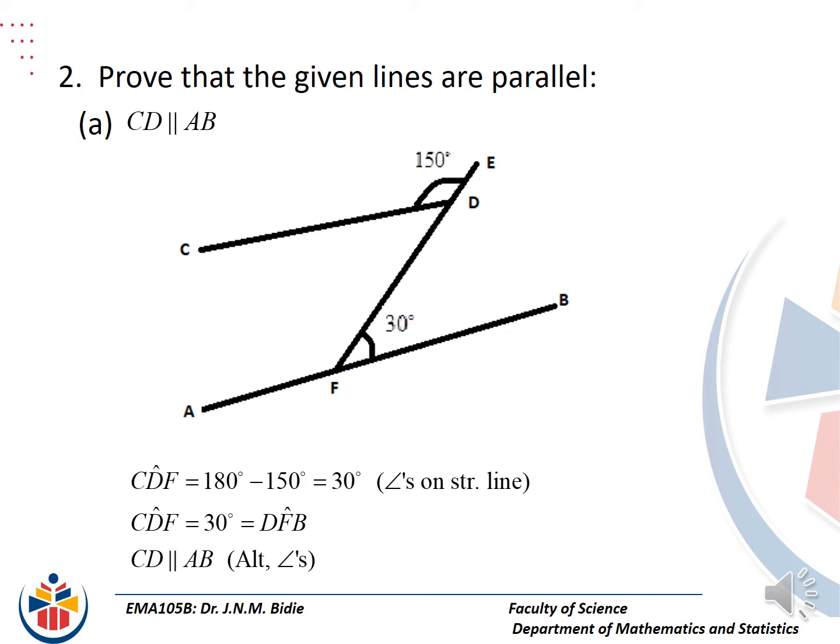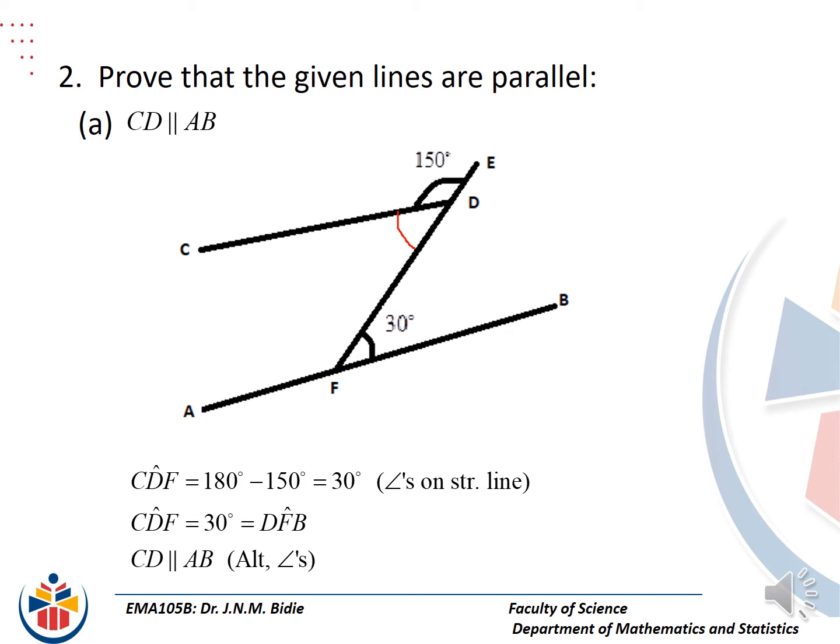Okay, so we're given 150 degrees and we're given 30 degrees. So CDE is 150 degrees, DFB is 30 degrees. So all I need to do is to find angle CDF. Angle CDF will be equal to 180 degrees minus 150, angles on a straight line.